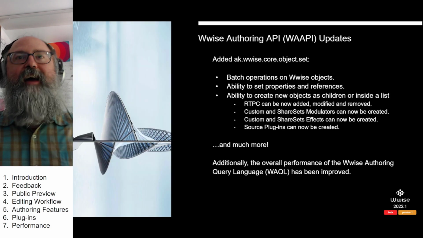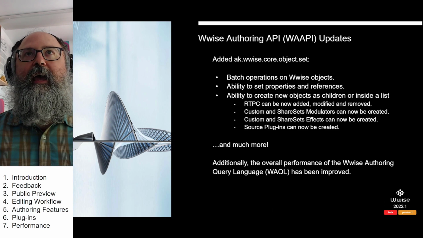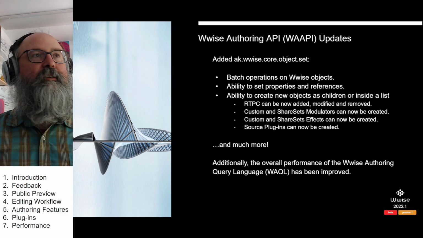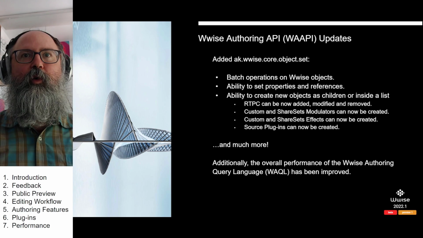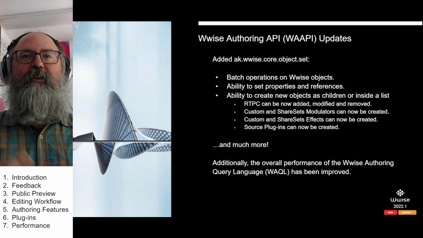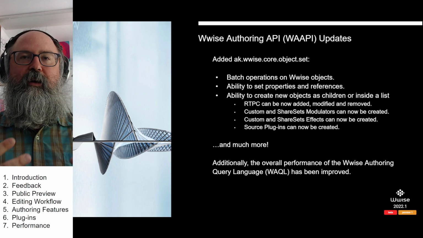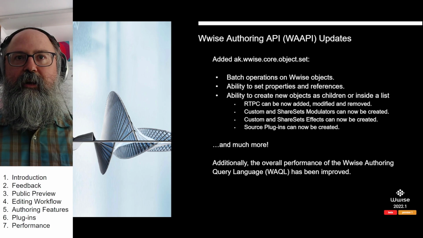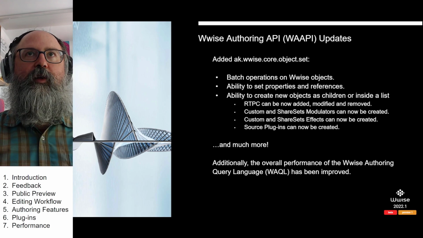So in addition to that, if folks out there have been leveraging our Wwise authoring API or WAPI, we've made some updates to that, and you might be asking yourself, what's WAPI? Well, this is a way for developers to extend what is known by the project as part of their workflows by reaching in and using that information to extend their workflows.